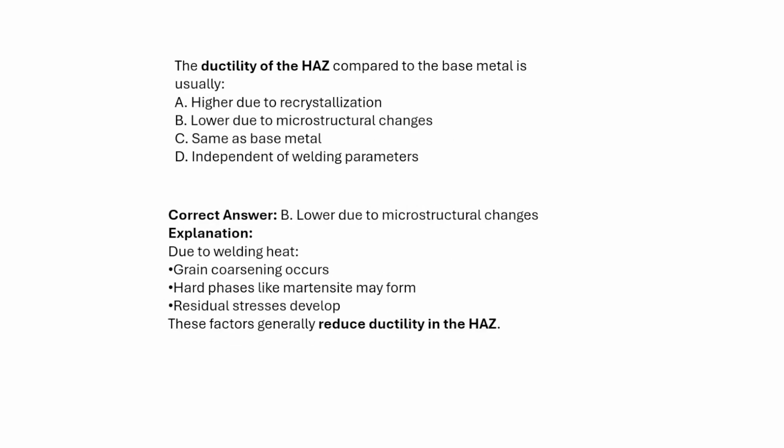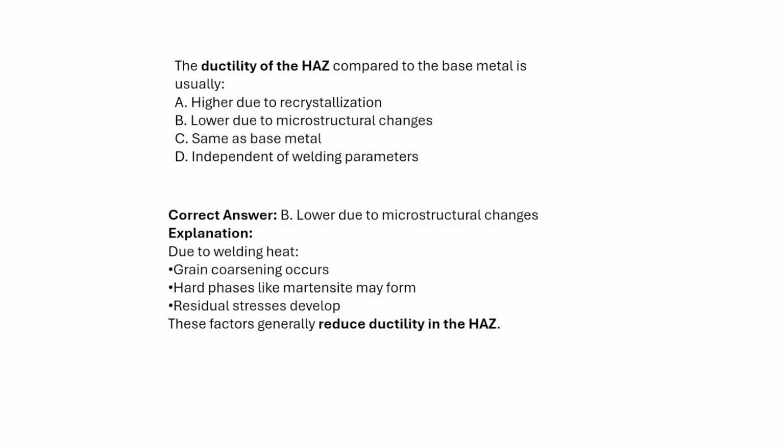The ductility of the HAZ compared to the base material is usually: will ductility increase or reduce? Because of the martensitic phase and microstructural changes, it will be reduced. So the answer will be A? Higher due to recrystallization, or lower due to microstructural change. C, same as the base material.